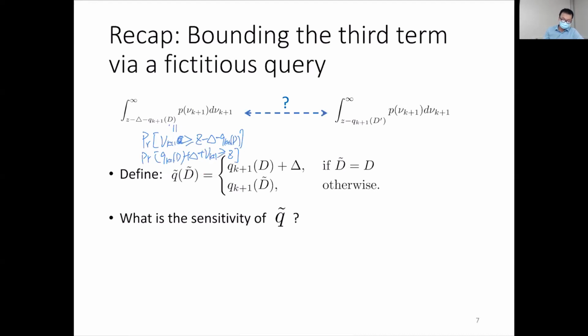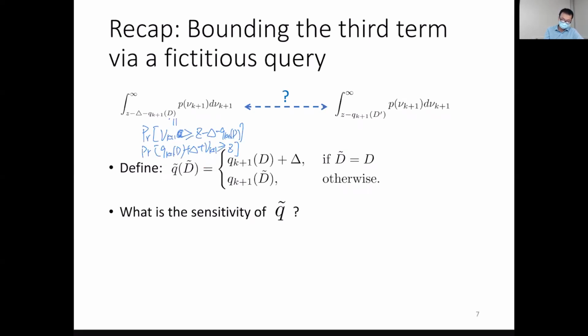Similarly on the right hand side, this is also equal to the probability of Q K plus 1 of D prime plus nu K plus 1, this one being larger than Z.